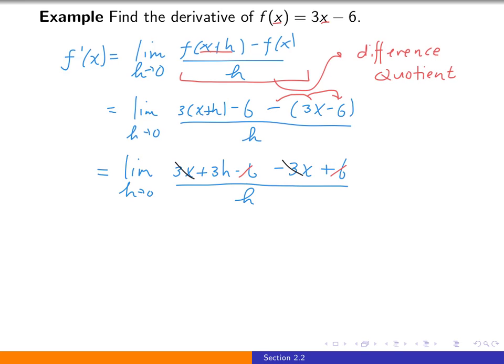So what we are really left with in the top is the limit as h approaches 0 of 3h over h. The h's cancel, and this is really the ideal situation. You're left with just the limit of a constant, and the limit of a constant is always that constant. So what we have found is that the derivative, f prime of x, is just the value 3.